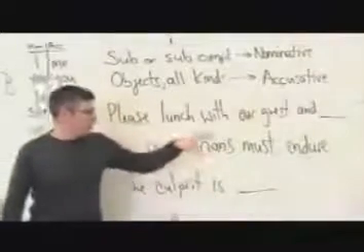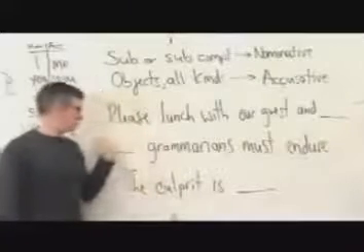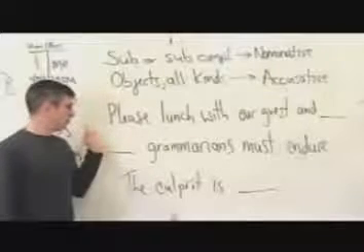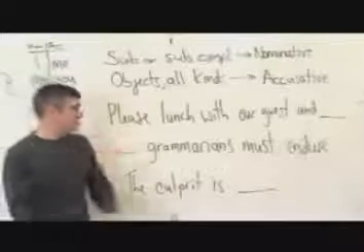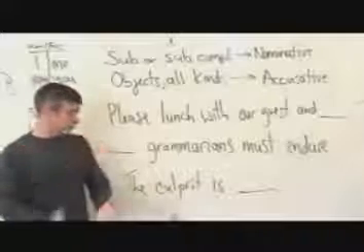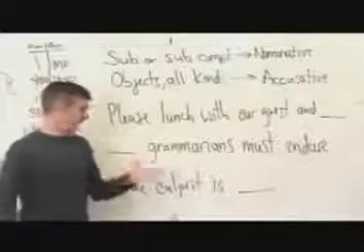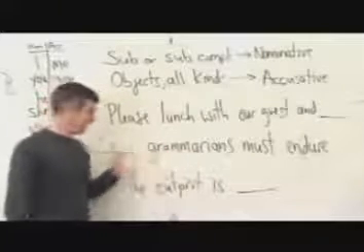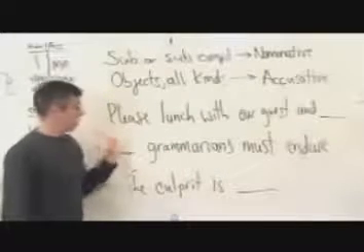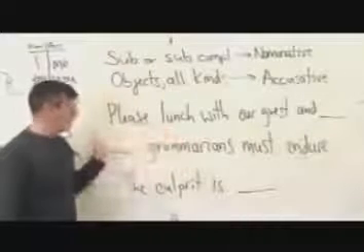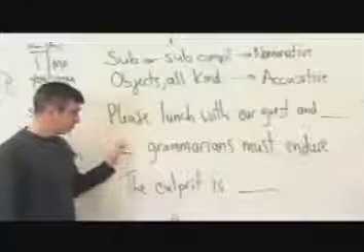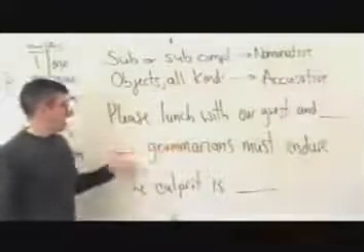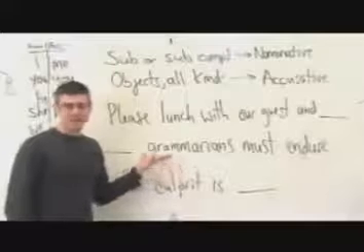Blank grammarians must endure. So the question here, suppose it were the first person plural, supposing we were asking, is it we grammarians must endure or us grammarians must endure? And the answer comes by looking at what this thing does in the sentence, and it is functioning as the subject. Must is the verb, and blank grammarians is the subject.